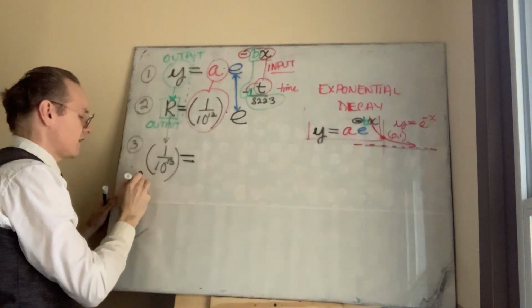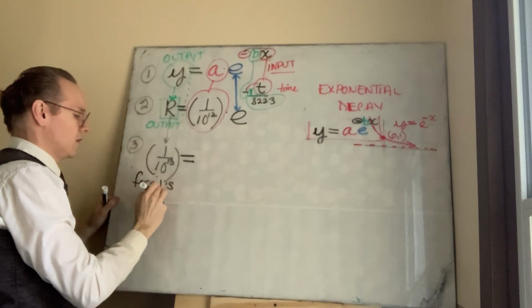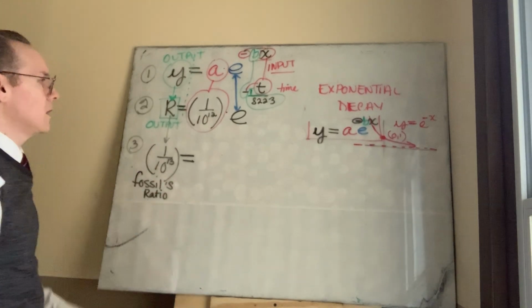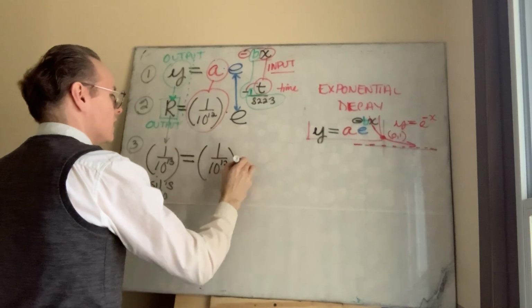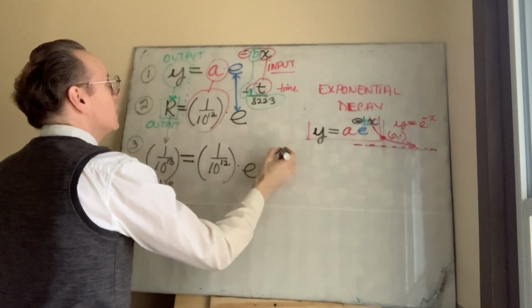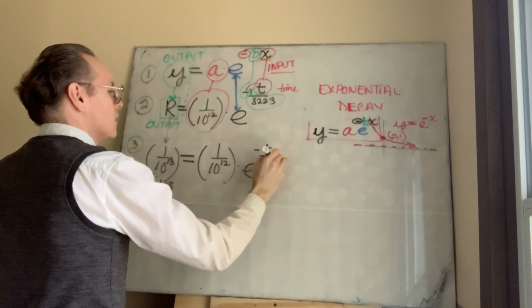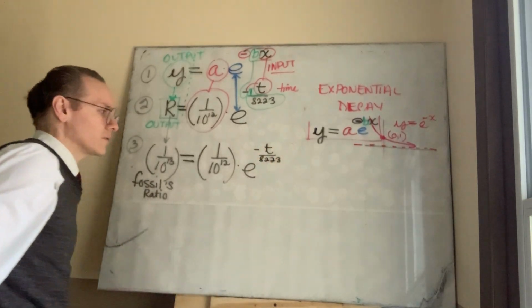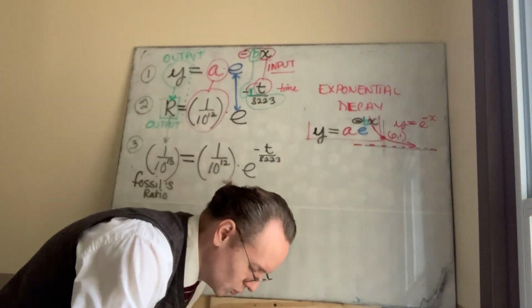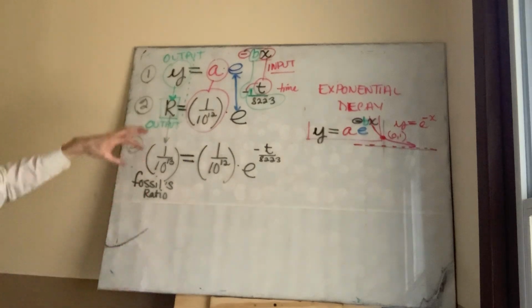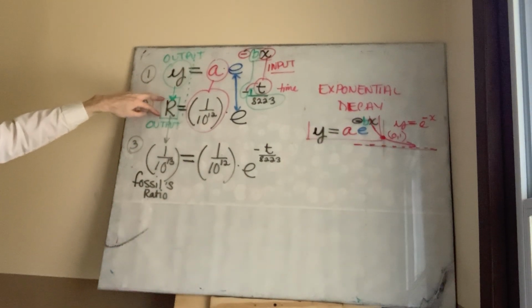This is the fossil, and there's still this 1 over 10 to the 12th. There's still e. There's still this, 8,223. Okay, that's the only thing that we could do as far as substituting into the formula that's given.